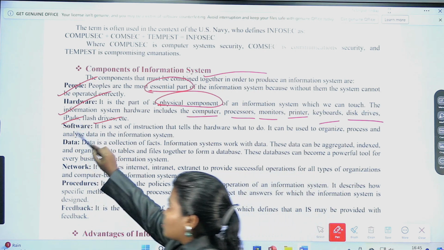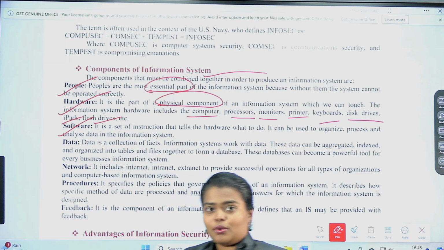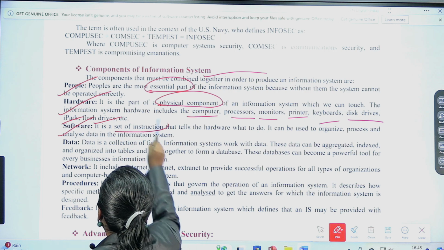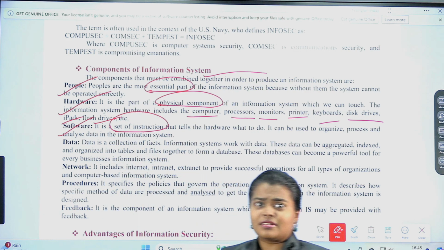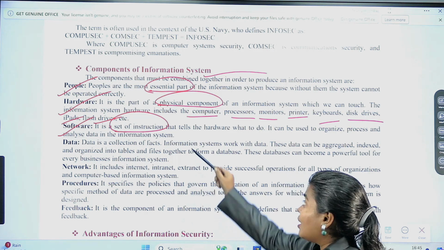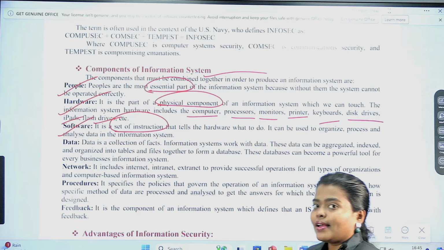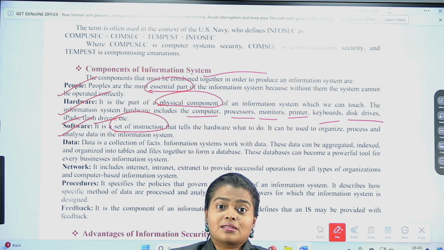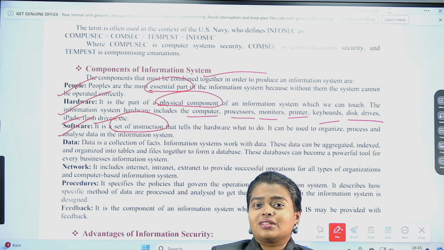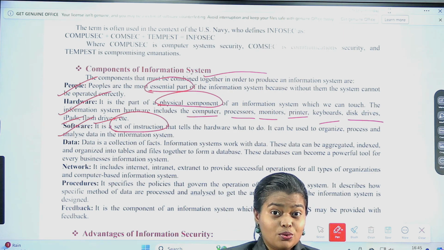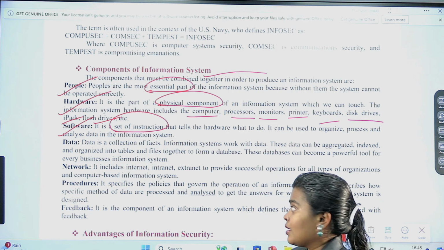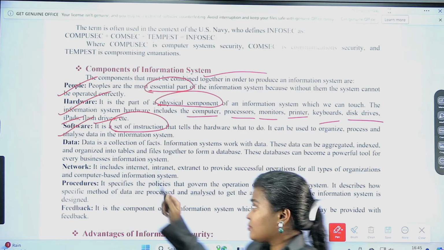The next one is software. What is software? It is a set of instructions. The basic definition of software is a set of instructions that tells the hardware what to do. As we know, hardware is simply a machine, and a machine cannot operate on its own. So the machine needs instructions, and those instructions are provided by the software. So software plays a very important role.